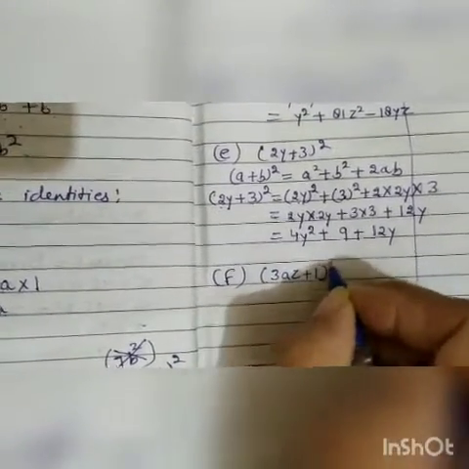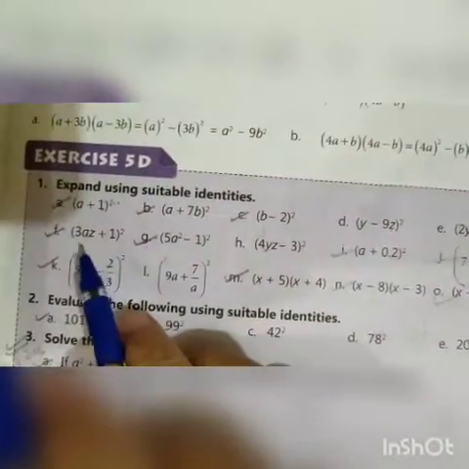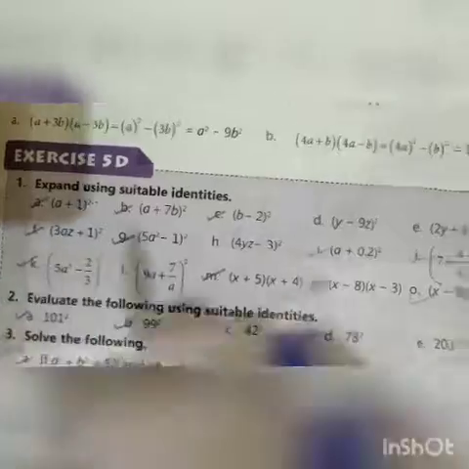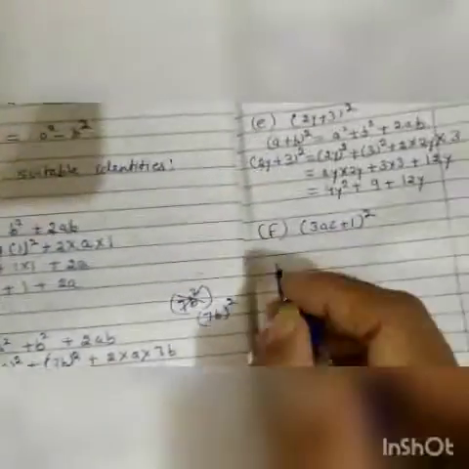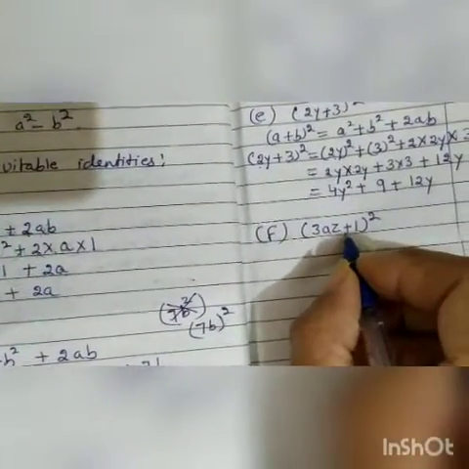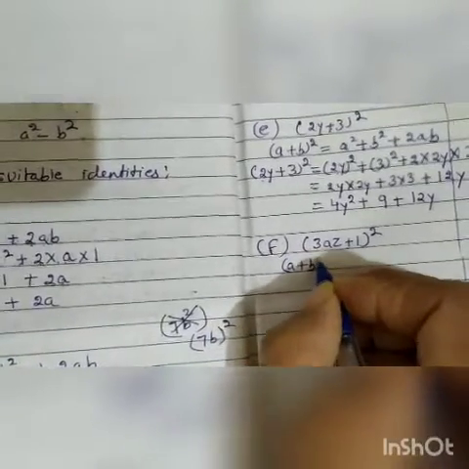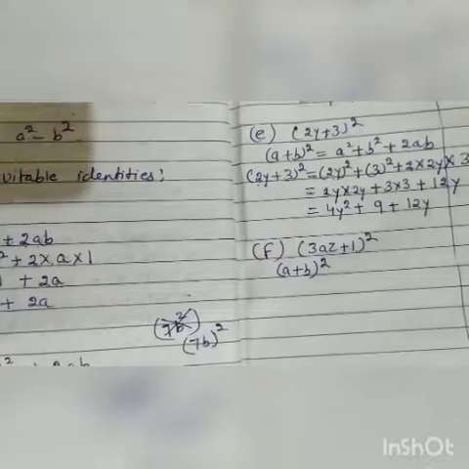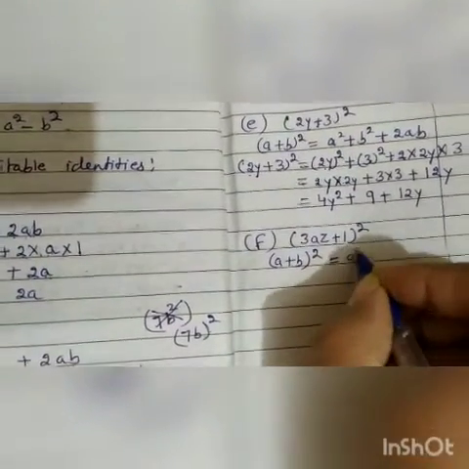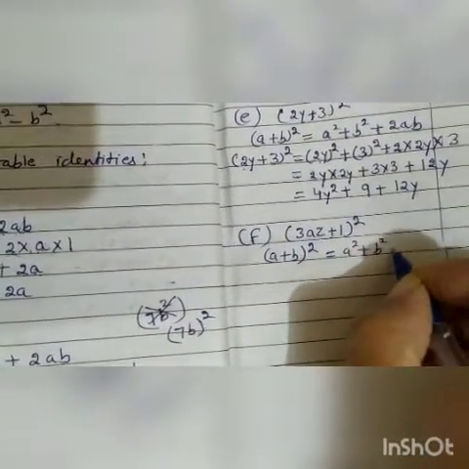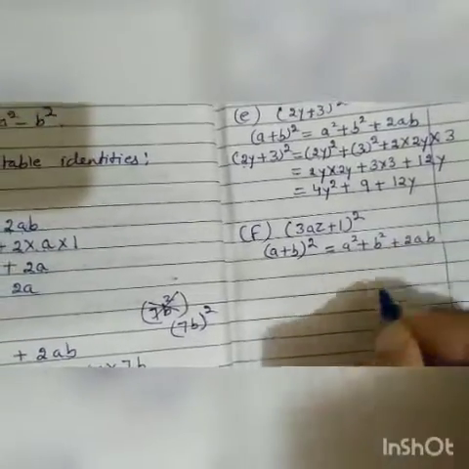F is (3az plus 1) whole square. See here, F part, (3az plus 1) whole square. So again this is the question with plus sign. We will write the identity with plus sign. (A plus B) whole square is equal to A square plus B square plus 2AB.